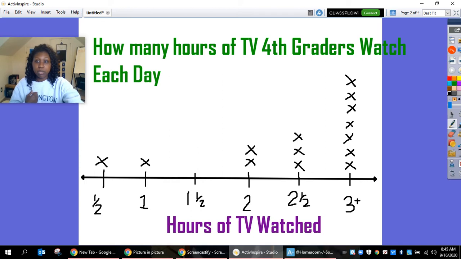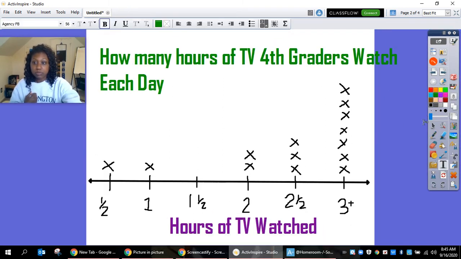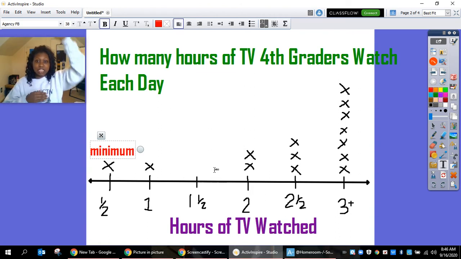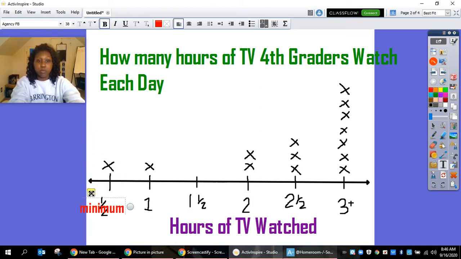This is our minimum. The largest value, and I'm not talking about the stack of X's, I'm actually just talking about the number, right? Our largest value is 3 hours, 3 or more hours, right? And so our largest value is called our maximum.